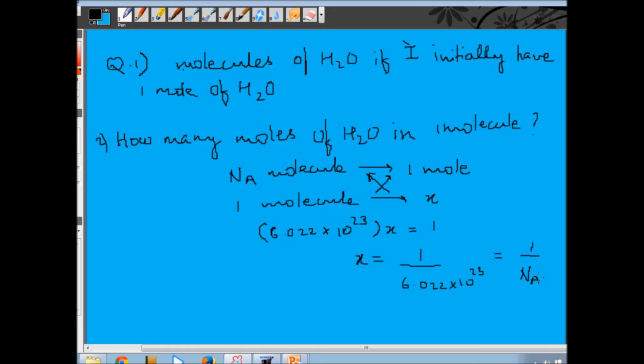Okay, so 1 single molecule means 1 by Na moles. It's quite straightforward. So if I have been given 5 molecules of, let's say, water, it means I will have 5 divided by Na moles of water. Okay, now since I know this, I can also calculate the number of hydrogen atoms and the number of oxygen atoms in this molecule.